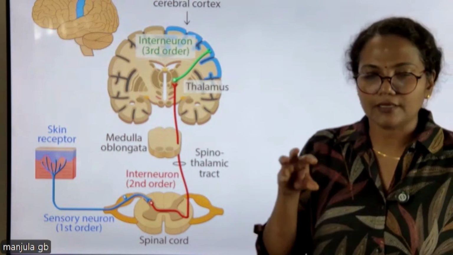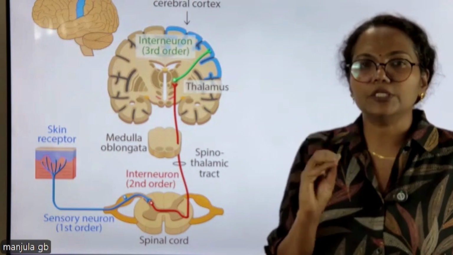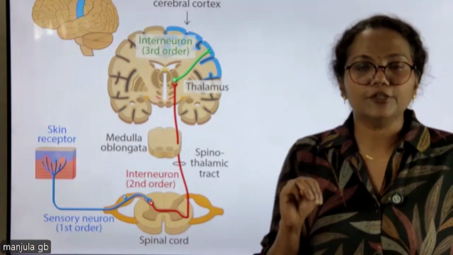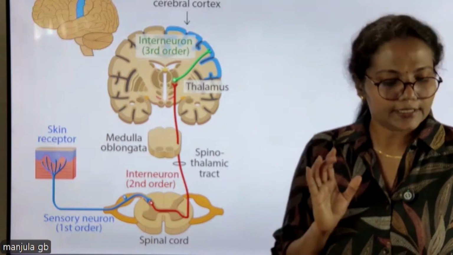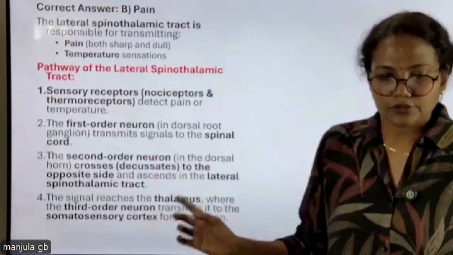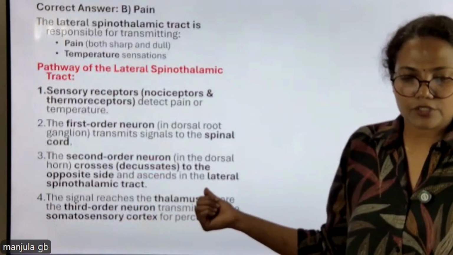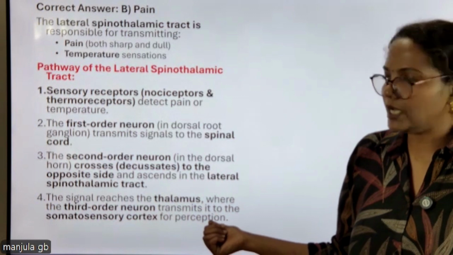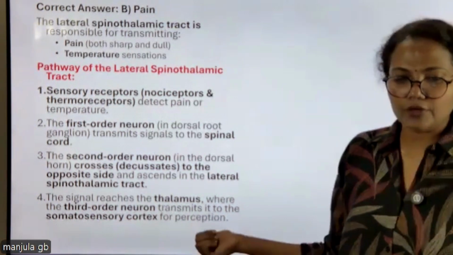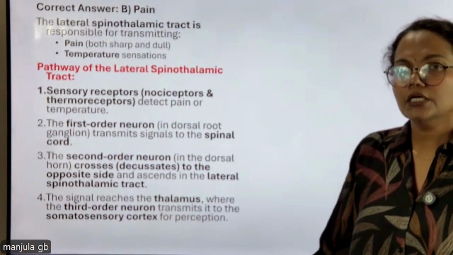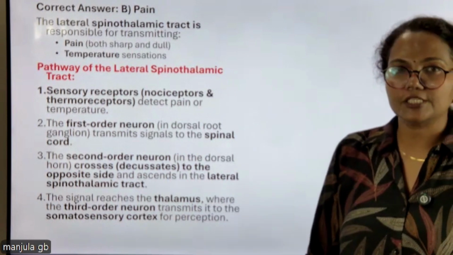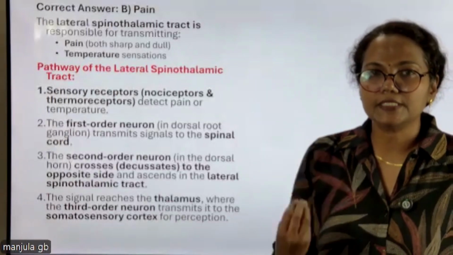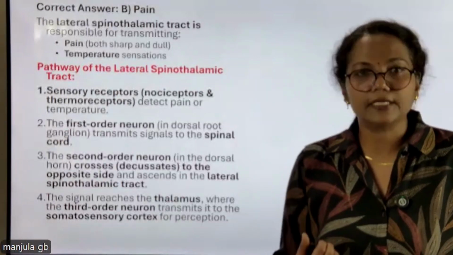So in a very simple way, this is how the lateral spinothalamic tract works. There are three neurons: first order, second order, and third order.